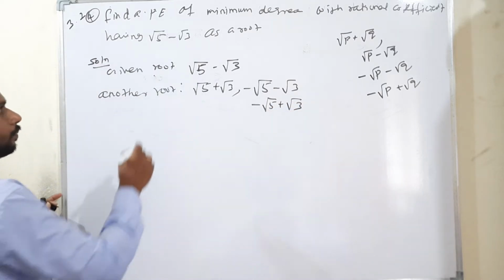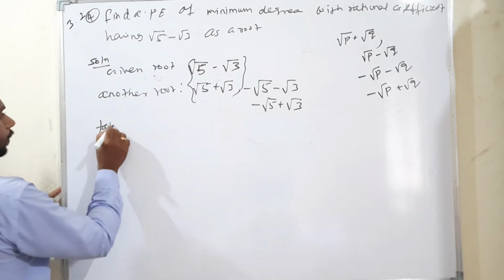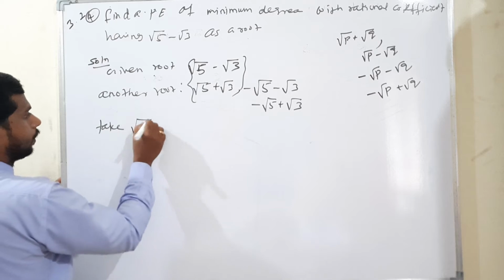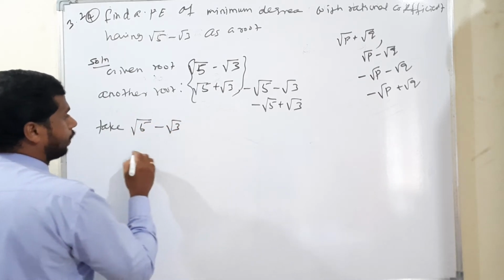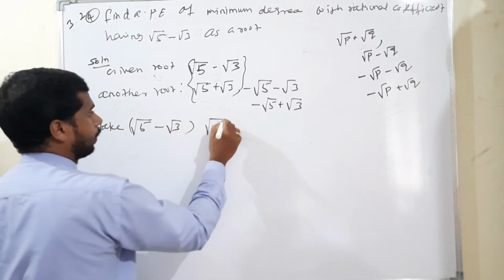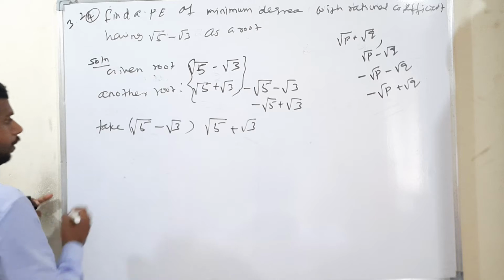First consider the first two, okay, this is one of the terms. Take positive root 5 minus root 3, then positive root 5 plus root 3.